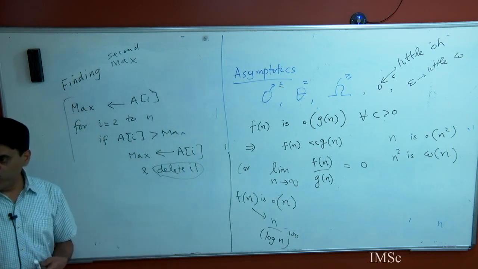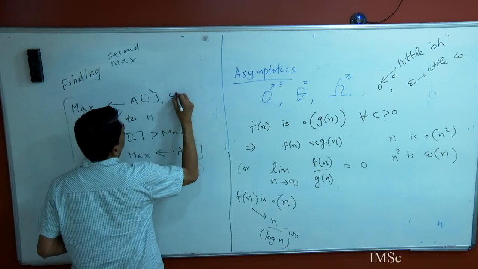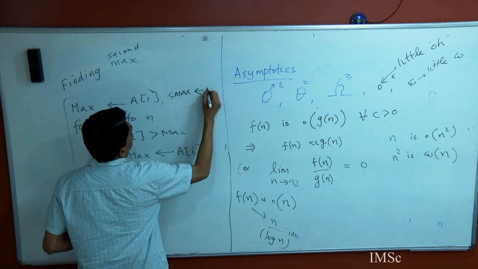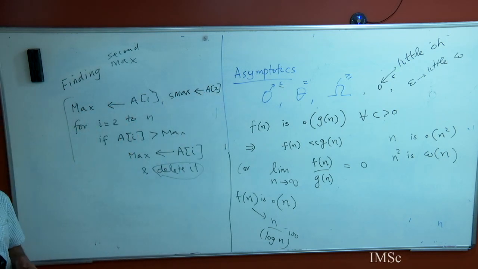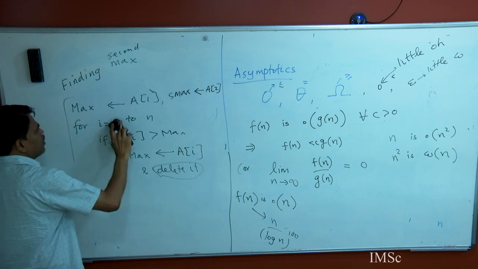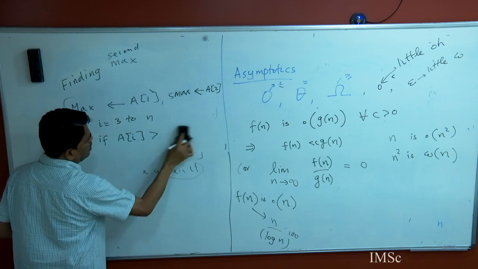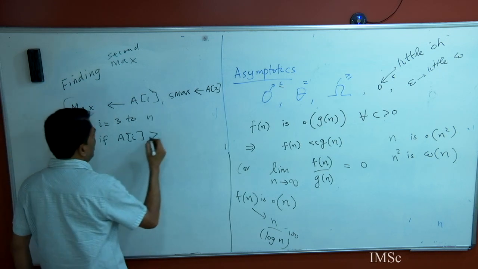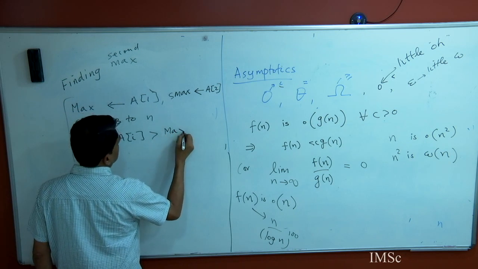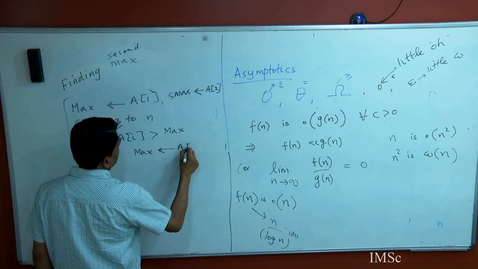So we'll store two variables. Instead of max, I'm going to store two variables. Store the first two elements, and my algorithm now will go from 3 to n. So tell me what I should do. If ai is greater than max, then max would be ai.